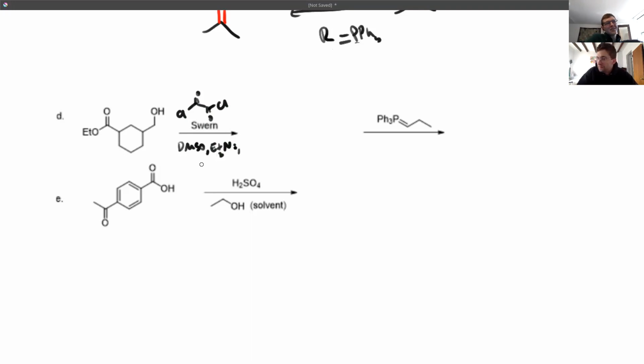And then that might be it. Maybe water? I can't remember. There's also no reason you'd have water and DMSO in the same thing. So maybe not water. This is probably it, I think.